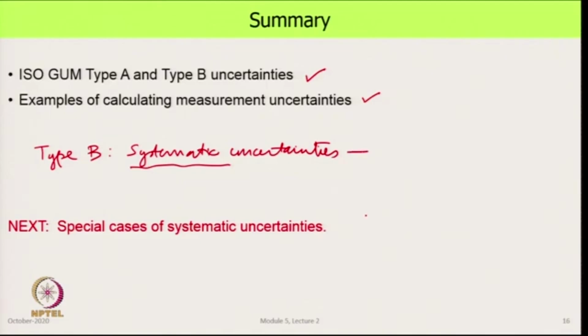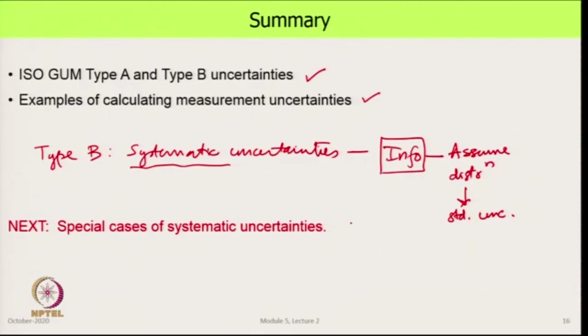So, what we just came across when we looked at the ISO definition of type B uncertainties is that we have information, we assume a certain distribution, and from there we estimate a standard uncertainty. So, this information, as I mentioned, there was accuracy, there is linearity, there is resolution, all these things are coming in.